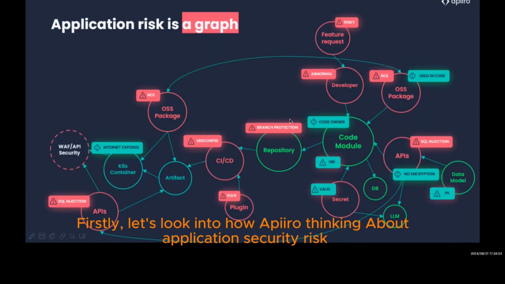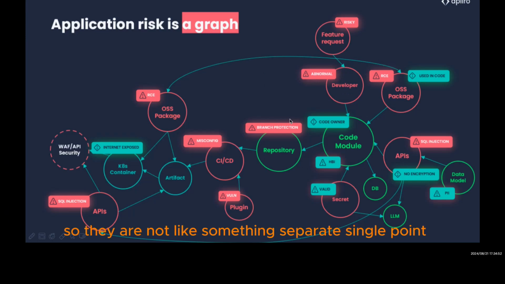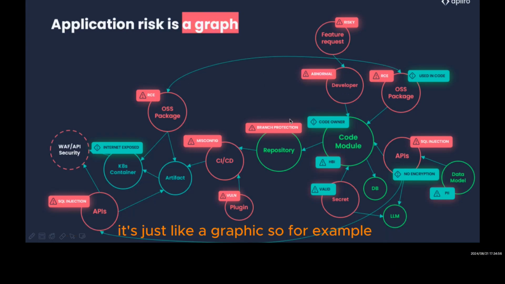First, let's look into how Apiiro thinks about application risk. In Apiiro, we never think about application risk as a single point. All the risks for applications are related, not separate single points.